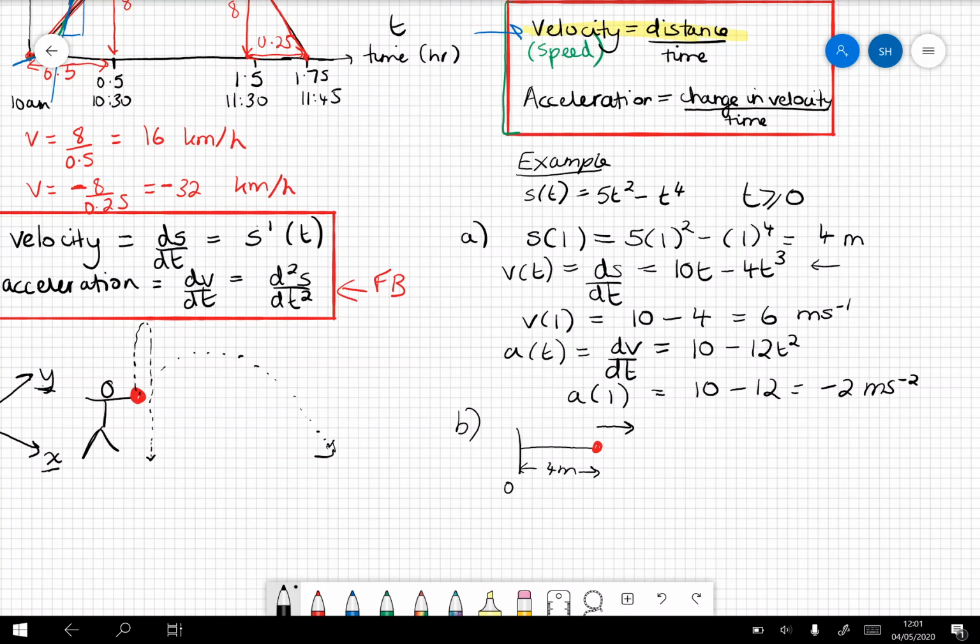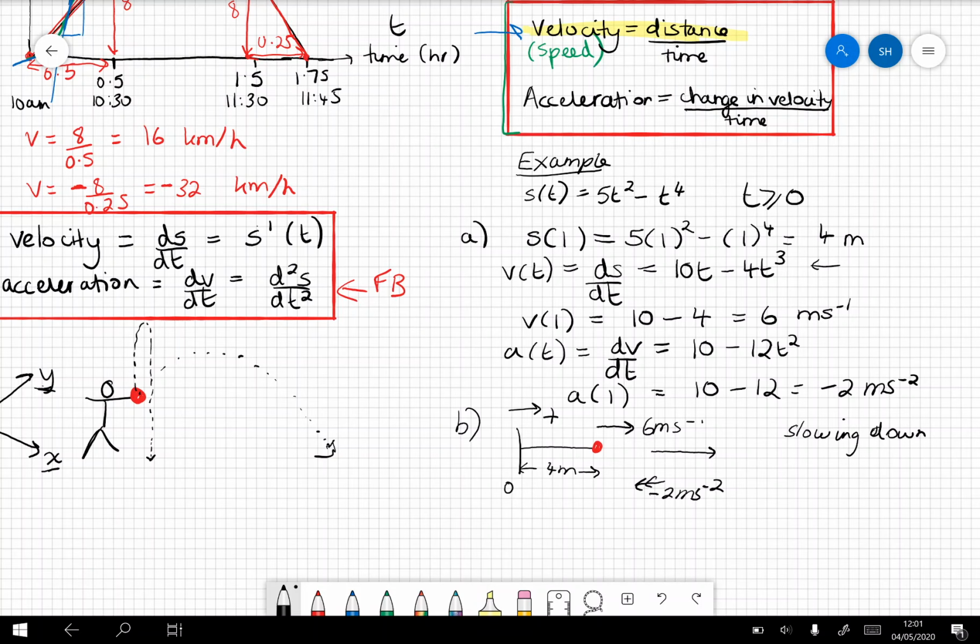It's travelling in the same direction, so if I take to the right as positive, which we normally do because that's the way the x-axis goes, it's travelling 6 meters per second in that direction. So it's travelling the same direction it's already moved. But its acceleration is going the other way. So it's travelling to the right at 6 meters per second, but because our acceleration is negative, it means it's slowing down.